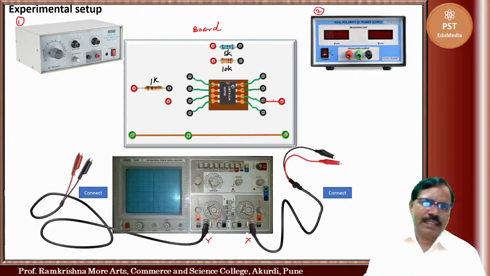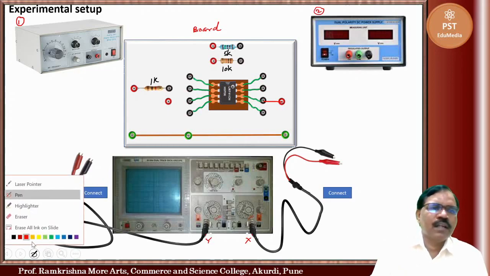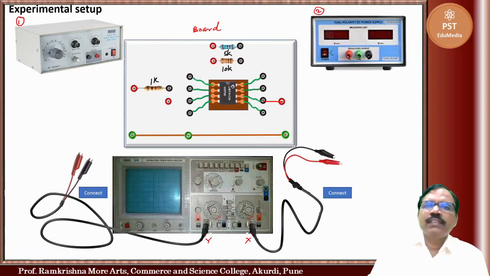First we will connect the battery. This is the positive terminal of the battery. We have to connect this positive terminal of the battery to the 7th pin. This is pin number 1, this is pin number 8, and the 7th one.